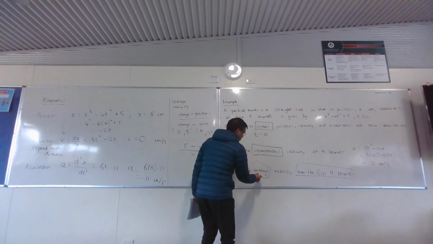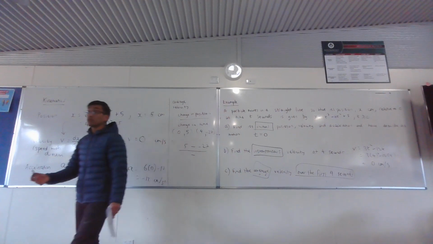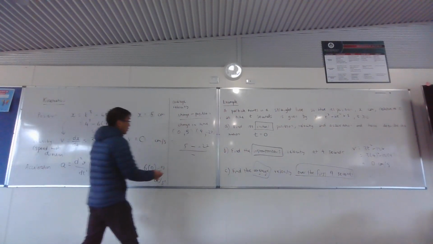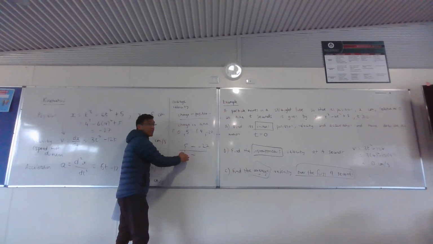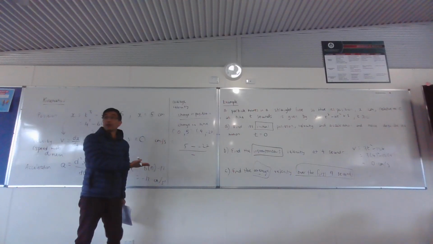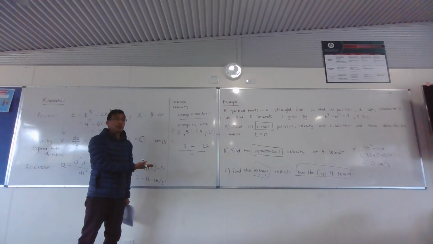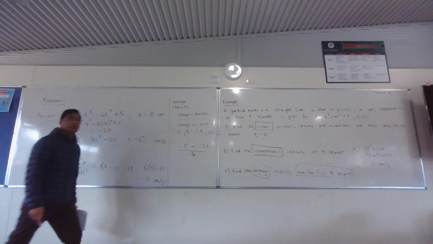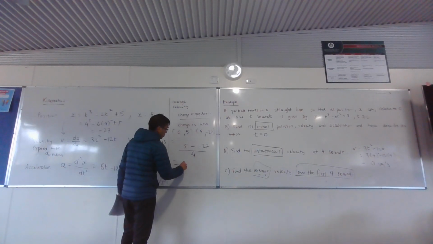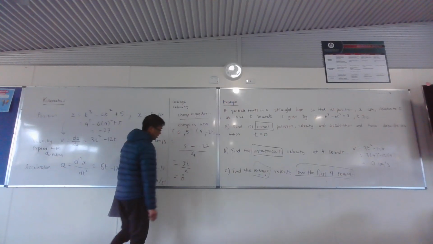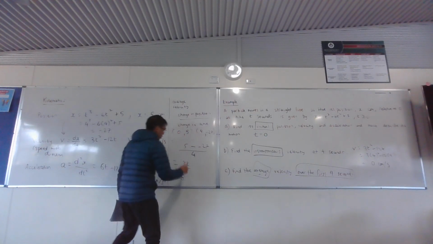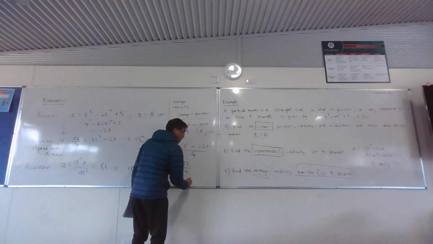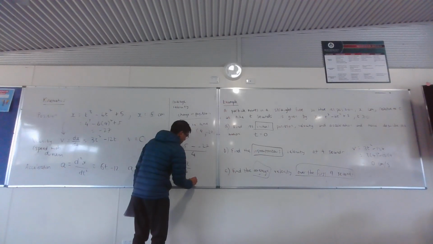When you look at the word average, it's simply rise on run. Without doing any minusing, what's our bottom number in this equation? It's a 4. 4 take away 0 is a 4. So we're left with 32 on 4, which equals 8. Or in velocity, 8 centimeters per second.